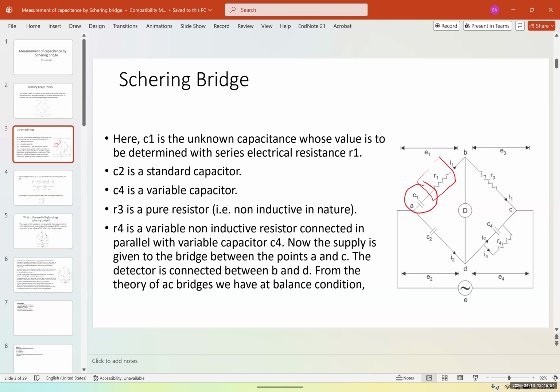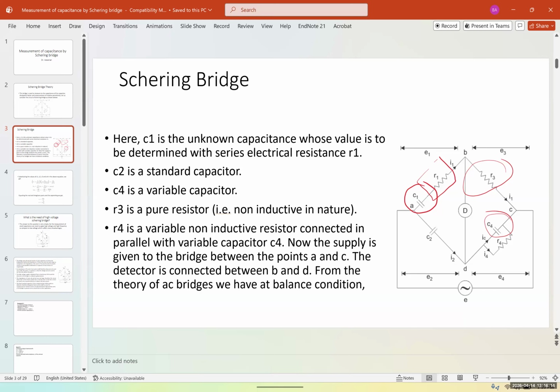C2 is a standard capacitor. C4 is the variable capacitor, and R3 is a pure resistor. All of these, C2, R3, R1, are known, but R4 and C4 are variable.